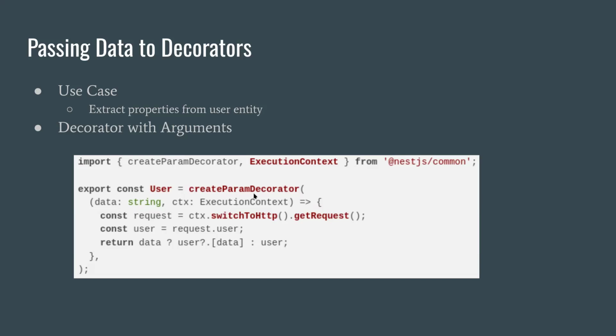For example, if you want to extract specific properties from the user object, you can modify the User decorator to accept a data parameter. In this updated code, we are specifying which property to extract when using the decorator.